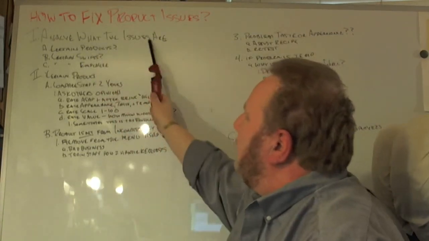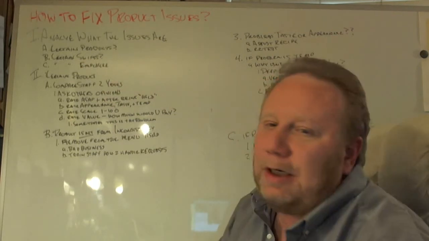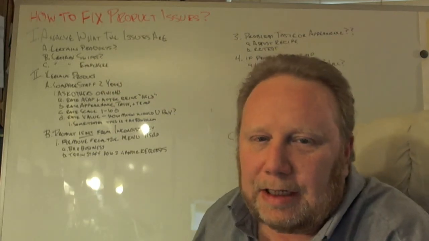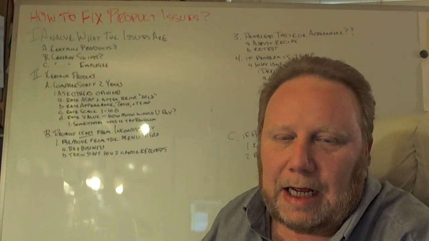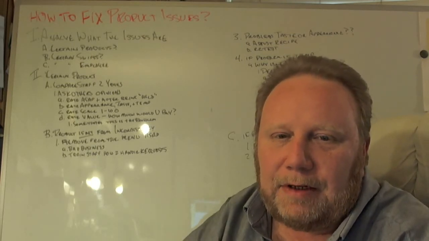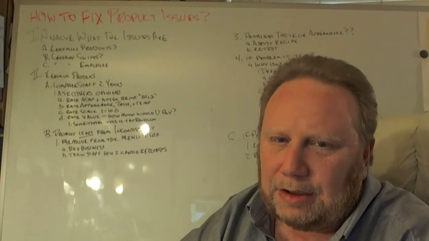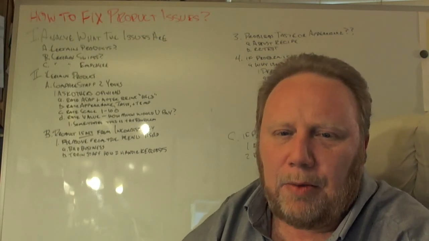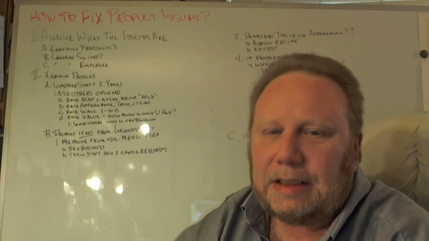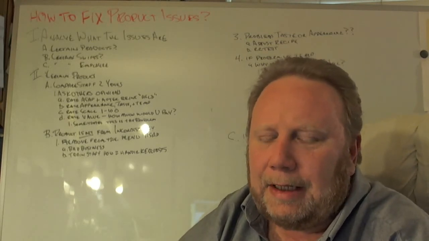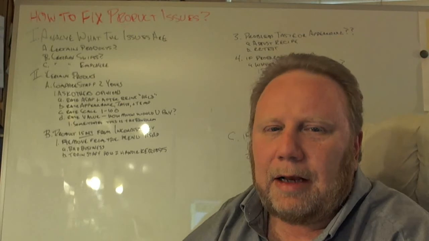First, you need to analyze what the issues are. You use your POS system to do this, and I'll break things down into categories for you, in case there's a portioning problem to go with the product issue. But if there isn't, that's what this is about.